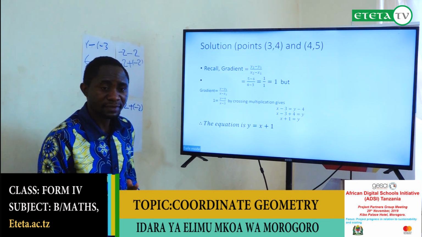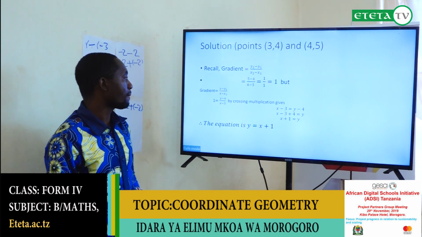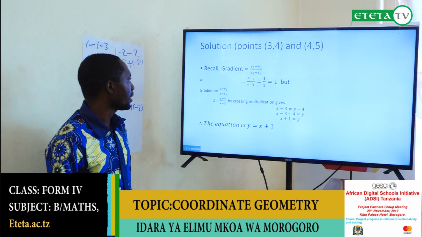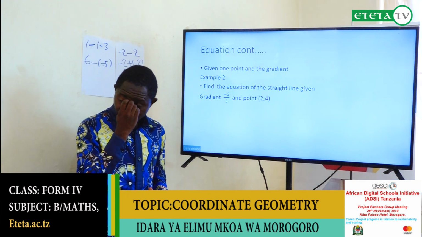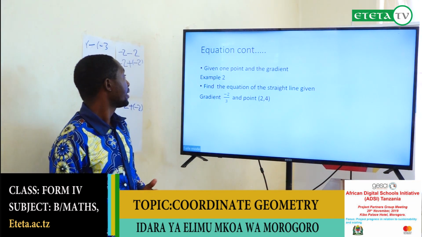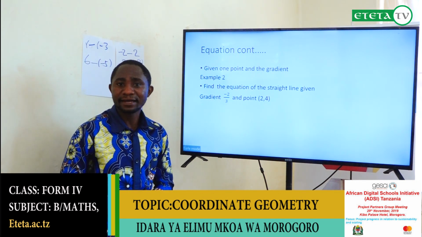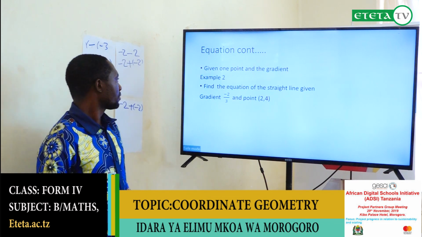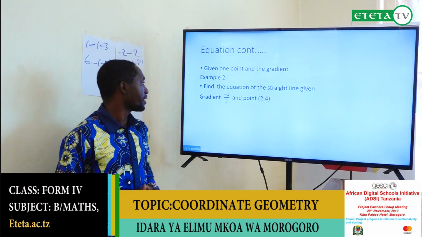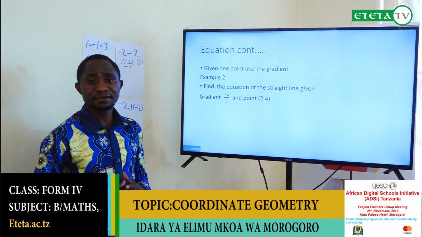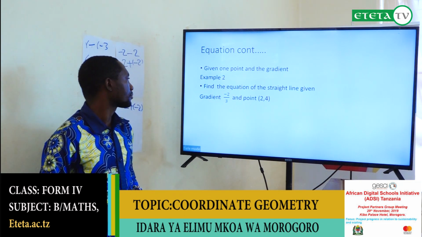Now, let us come to example number 2. Example number 2, we are given 1 point and the gradient. The question: find the equation of the straight line given the gradient -2/3 and the point 2,4.